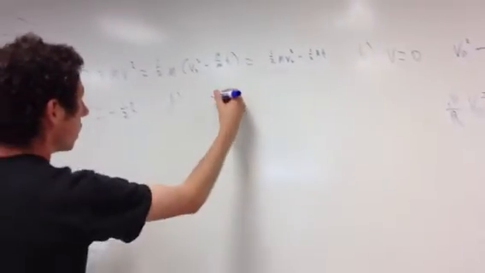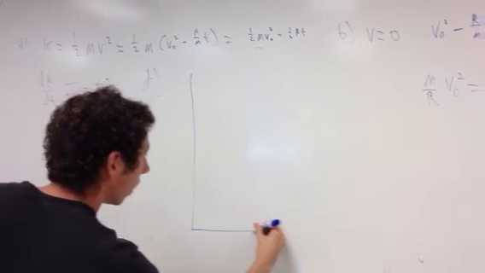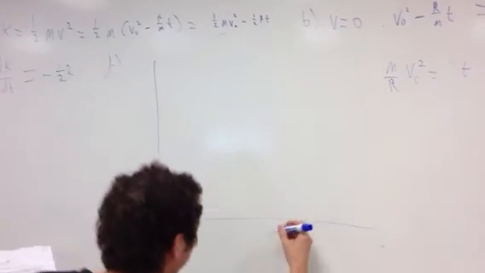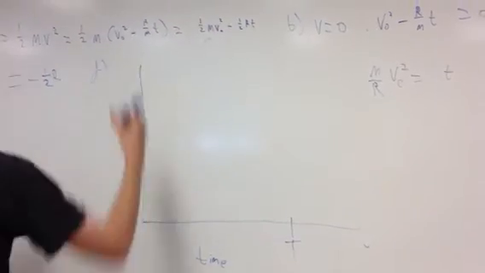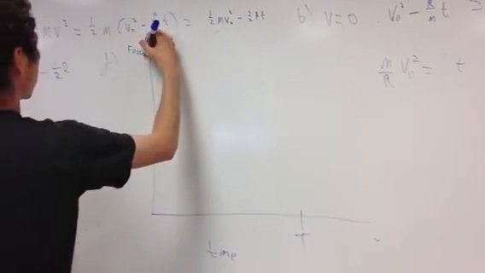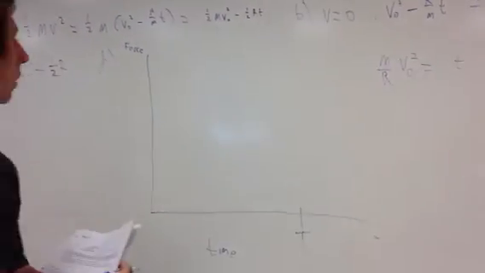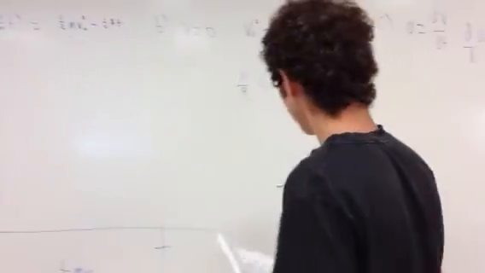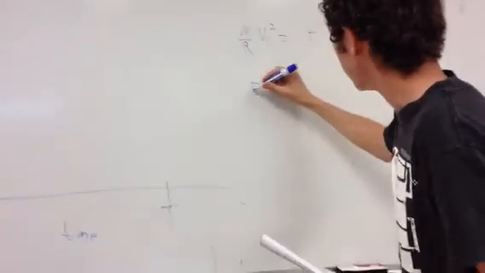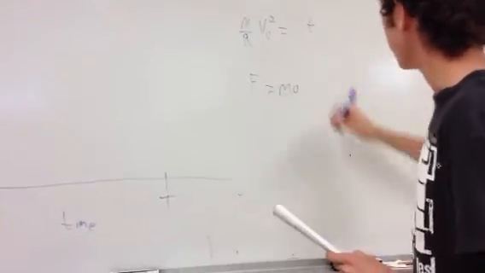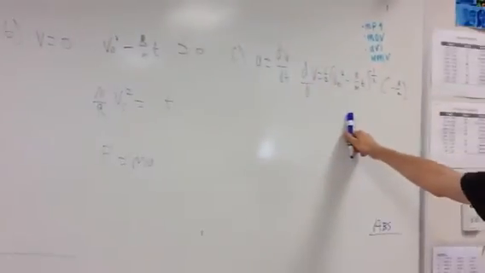On to D. D asks me to draw a graph of time versus force. So first I'm going to come up with an equation. I know that force equals ma. Now I already have the acceleration right here.